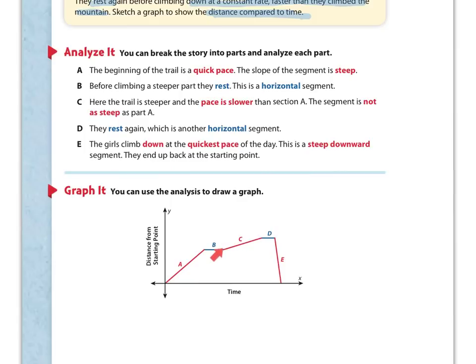So that's why you see that even though it's steeper, this part is actually taking a low pace. And then when they get to the top, they rest. Now, when you're on top of a mountain and you have to go down, you can actually do that at a faster rate, right? You can just roll down.